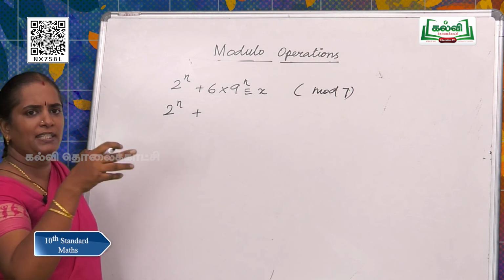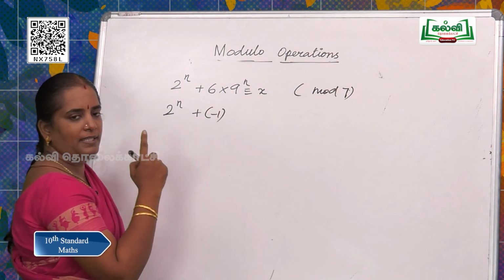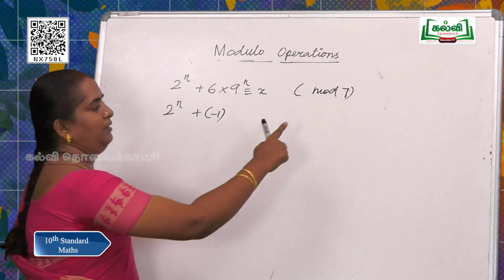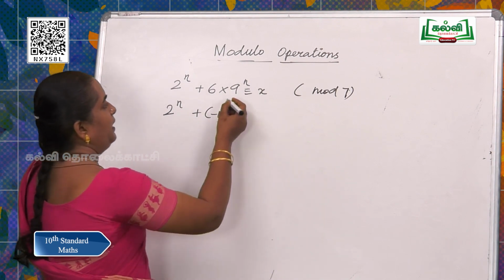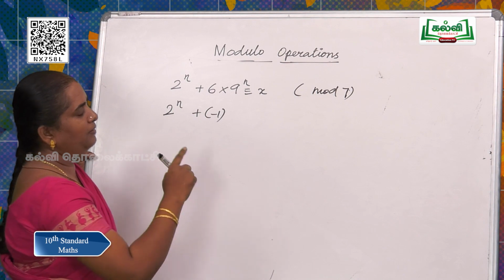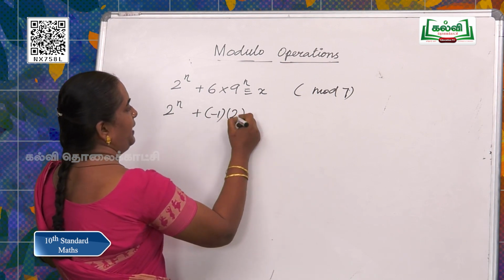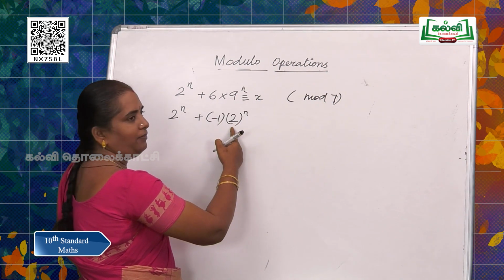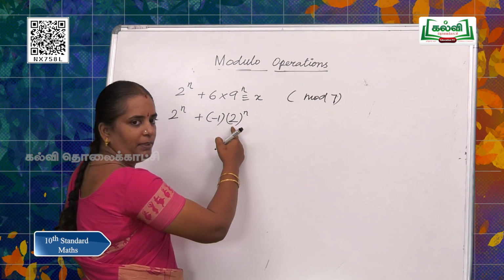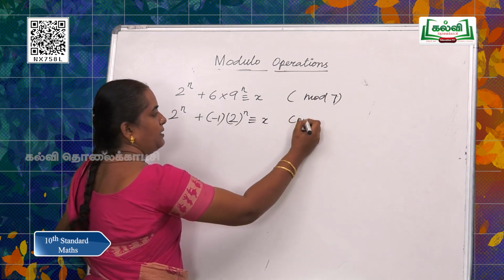Yes, we will be coming backwards, that means minus 1. 6 is replaced with minus 1 for mod 7. So, just think of it. Okay. Then 9. 9 is replaced with the remainder 2. So, 2 power n. As the 9 is given the exponent n, we have to give the same exponent here for the remainder also. Okay. So, it is congruent to x mod 7.